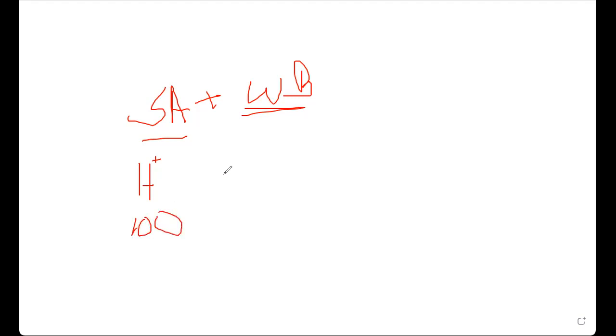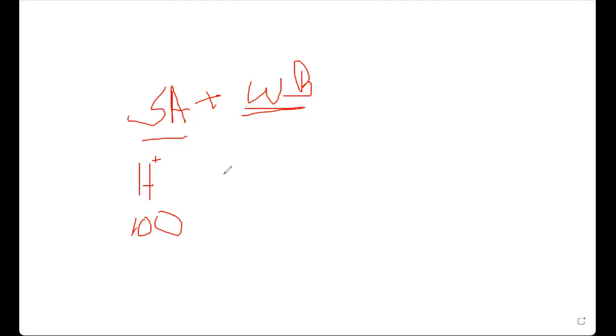On the other hand, we have a weak base. Weak bases never completely dissociate into their ions. For example, this weak base is ammonia. Ammonia is a weak base which can accept H plus ion, and it can give you OH negative ion also.